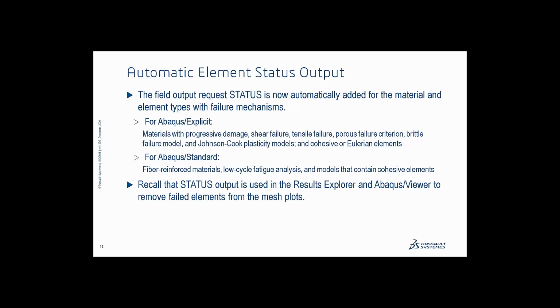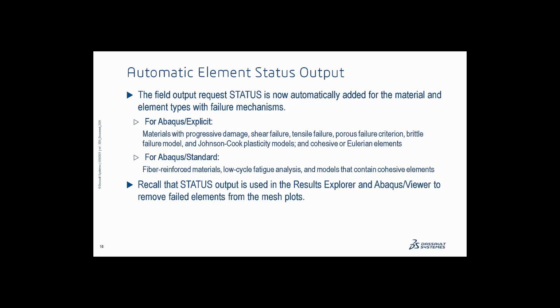Another output enhancement has to do with automatic selection of element status output. Element status basically tells us if an element has failed or not. This applies to both Standard and Explicit, and this is used by Results Explorer and Abaqus Viewer to remove failed elements from the mesh plots.